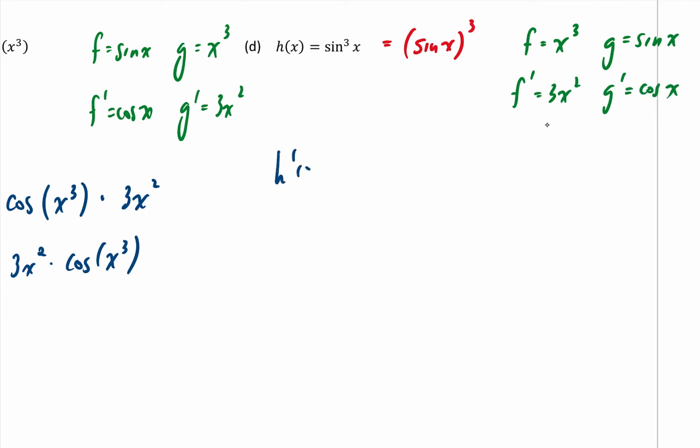So we have h prime of x is equal to, so we need f prime of g of x, so that's 3 sine x all squared, times the derivative of the inside function, which is cosine x. So this is the same thing as 3 times sine squared x cosine of x.